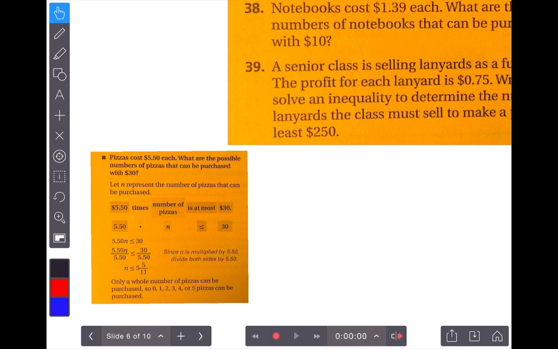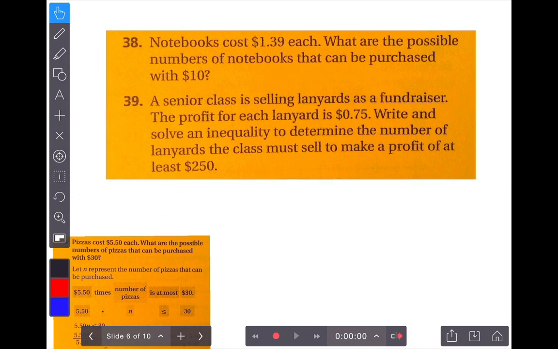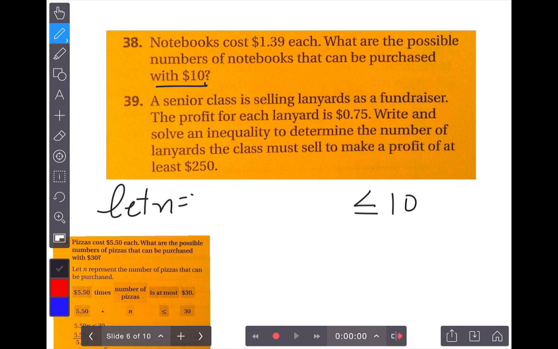Okay, now on this particular problem, these are just nothing but word problems. Now, notebooks cost $1.39. All right, what are the possible numbers of notebooks that can be purchased with $10? Well, you know you can't go over $10, so it's going to have to be less than or equal to the $10. Now, if it's $1.39 per notebook, we're going to let n equal notebooks.